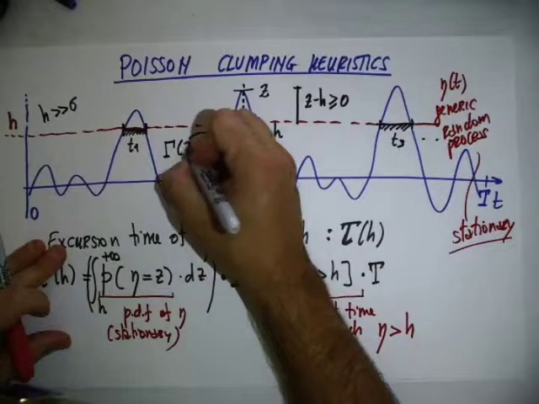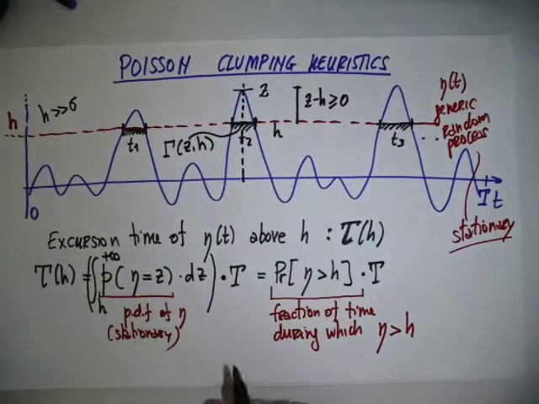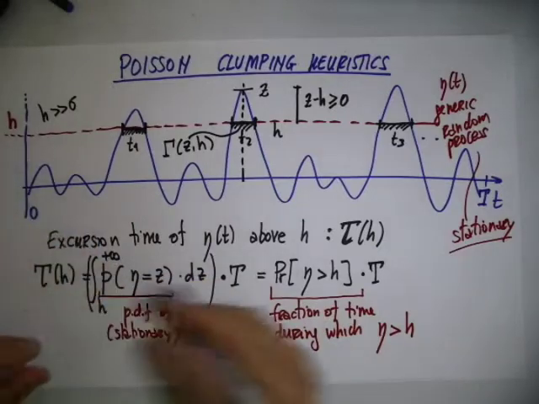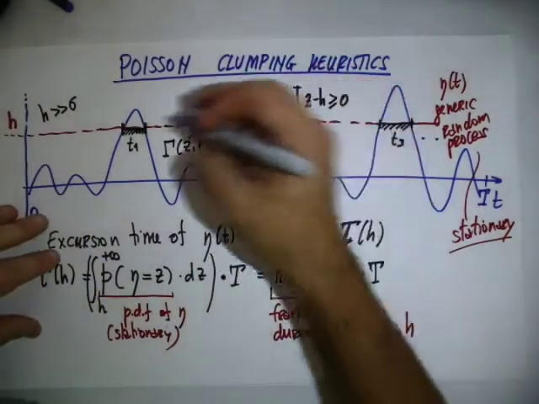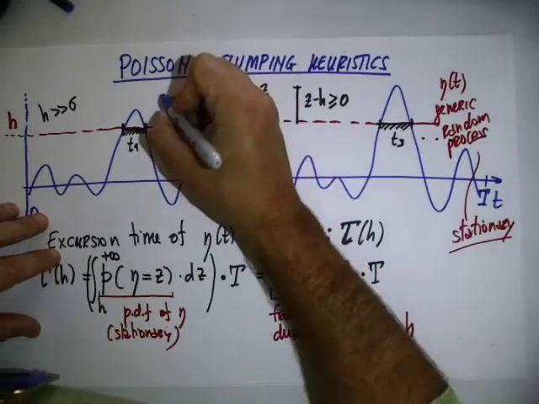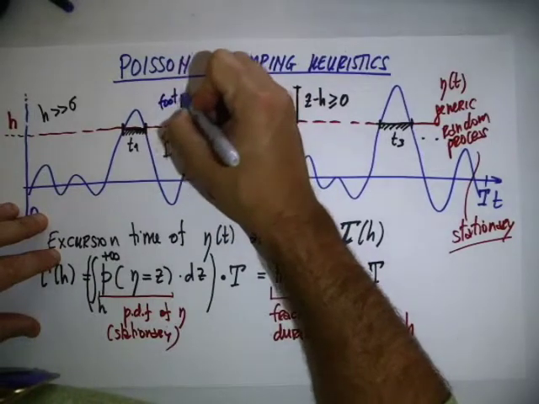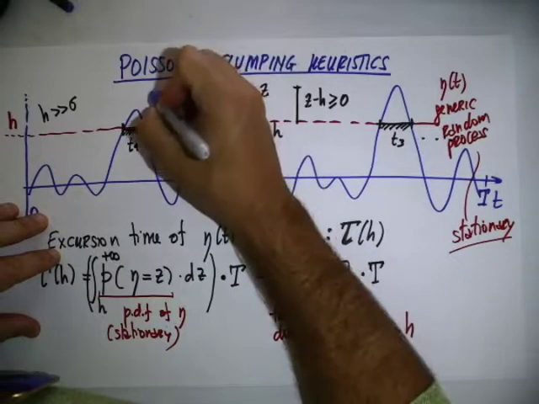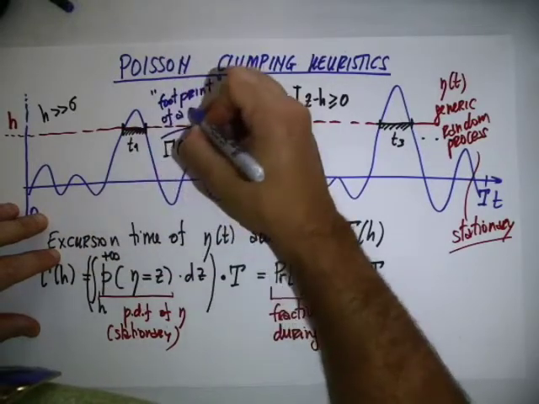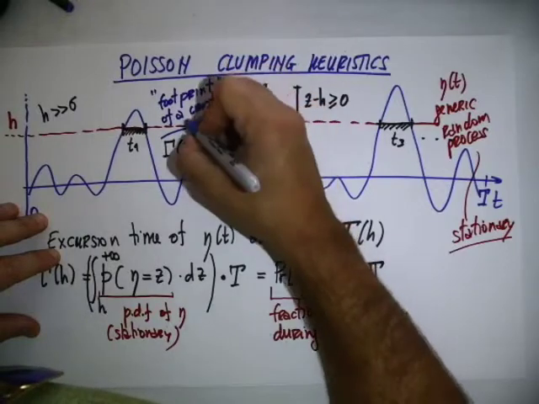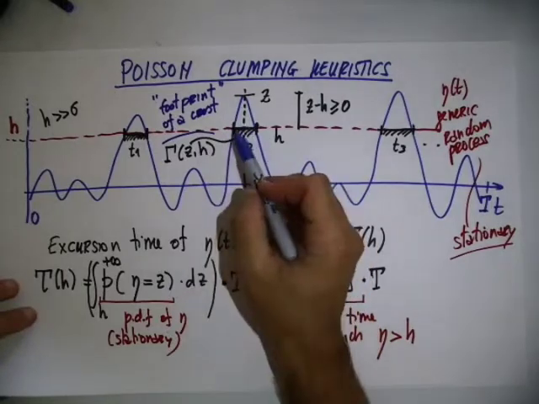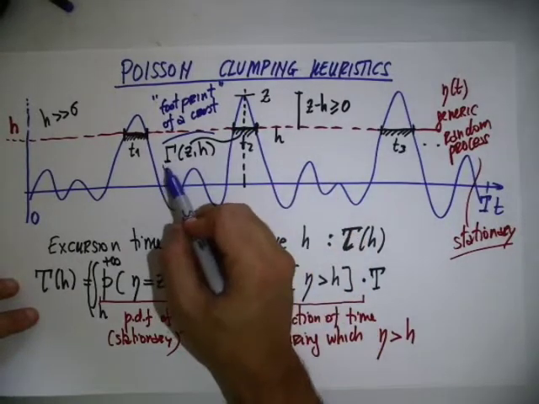Let's call it tau zh. So this is basically, let's call it, the footprint of a crest.